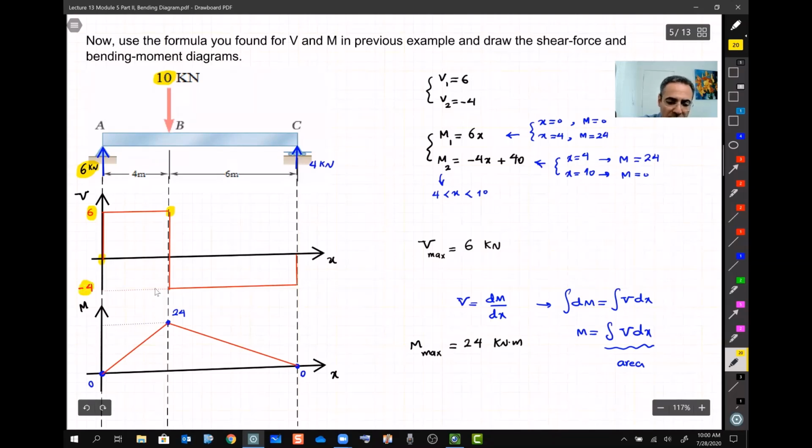You see this drop from this point to this point, it's -10. Right? This is -10, and this -10 is exactly the number that we see here. And then what happens after that?